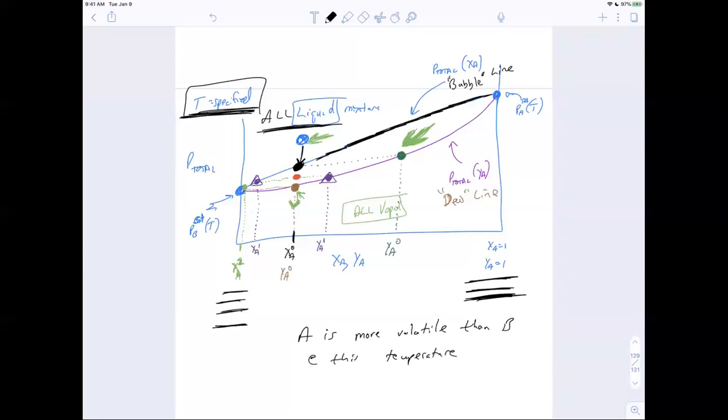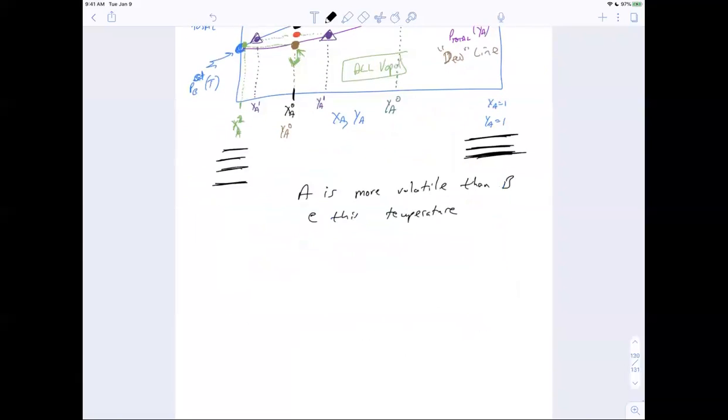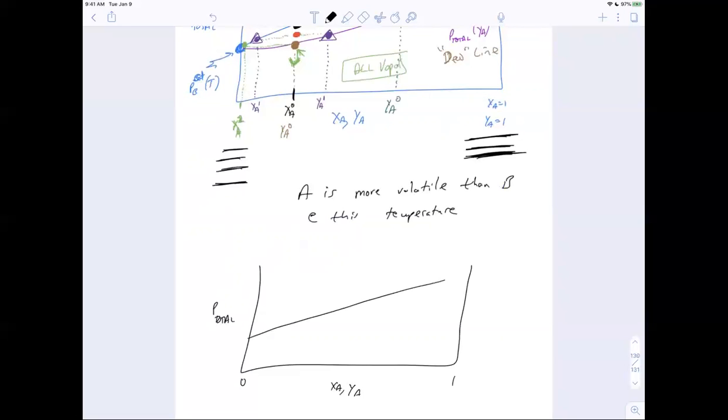Okay, and we saw then that once we have our two-phase diagram, here is P total, here's X sub A and Y sub A, that goes from 0 to 1, and we can just redraw this again. This was the all liquid region, this was the all vapor.